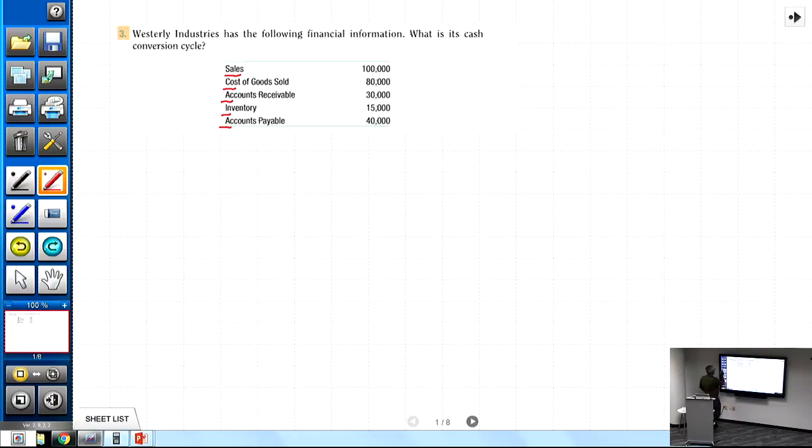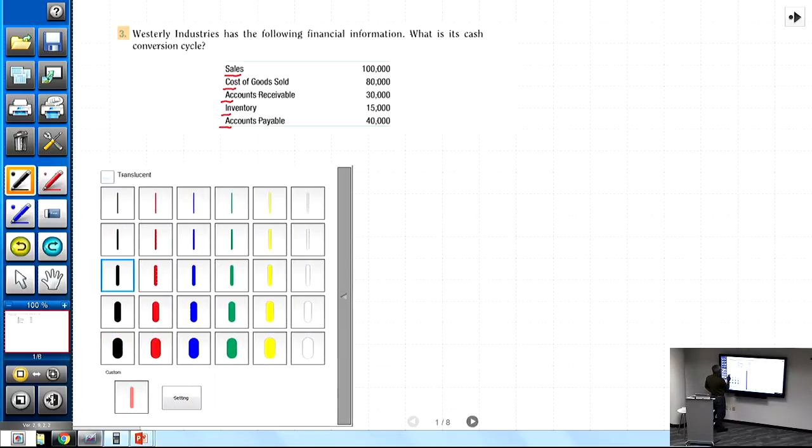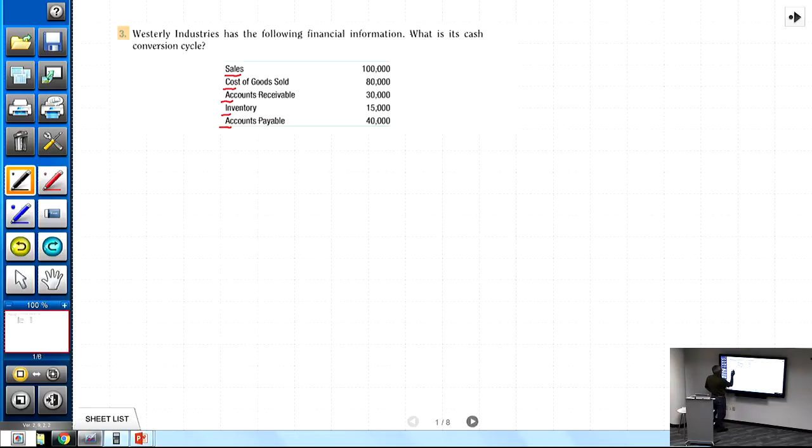So what does cash conversion cycle entail? Cash conversion cycle, so triple C, is going to be your inventory days plus receivable days minus payable days.